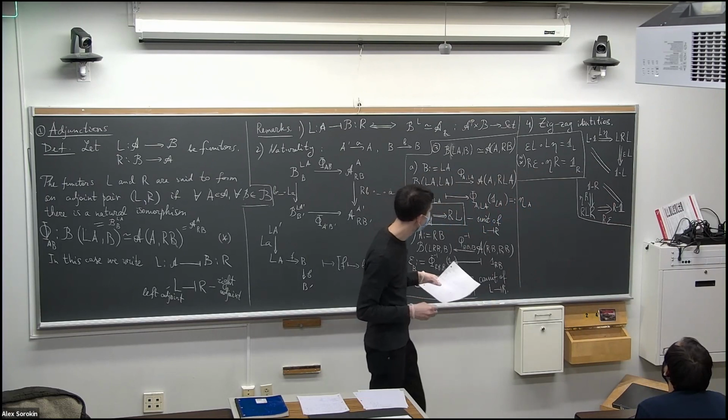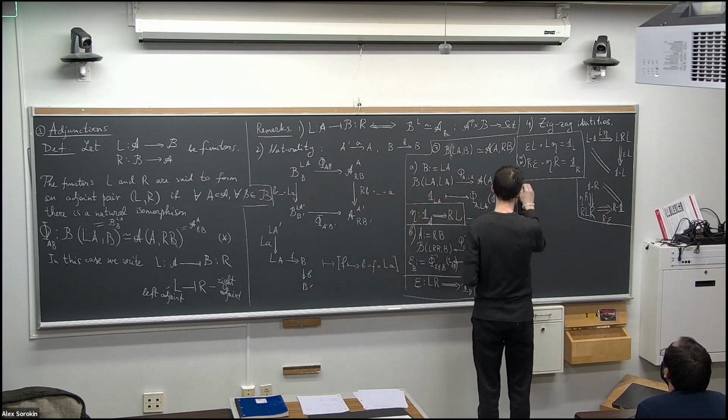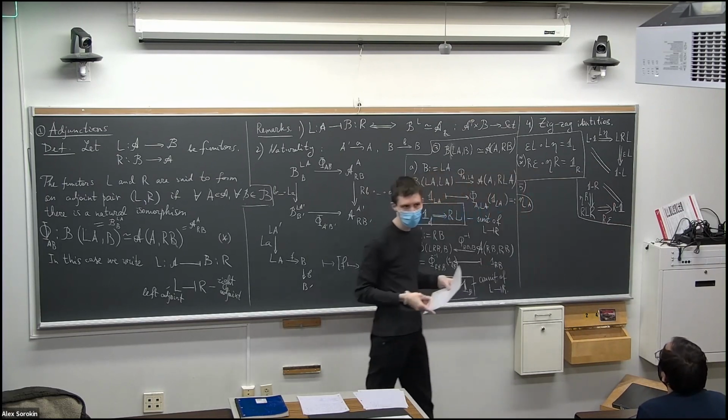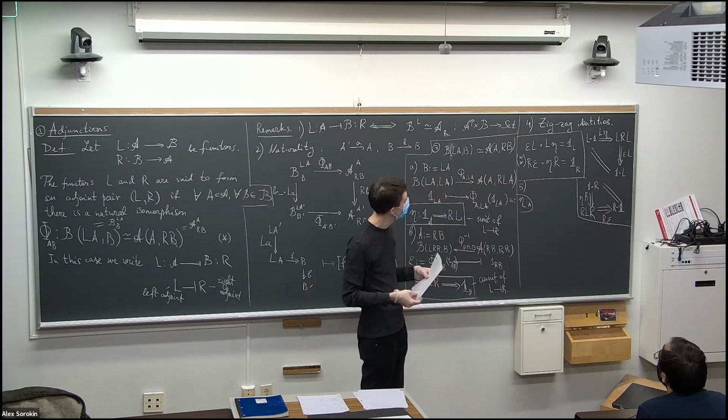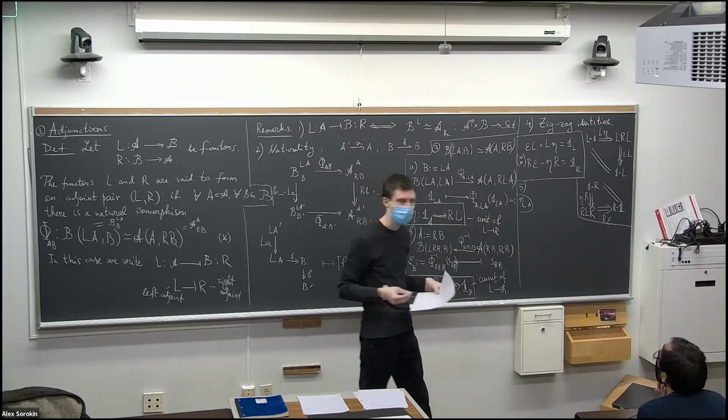Okay, then number 5. Number 5 is called universal morphisms.